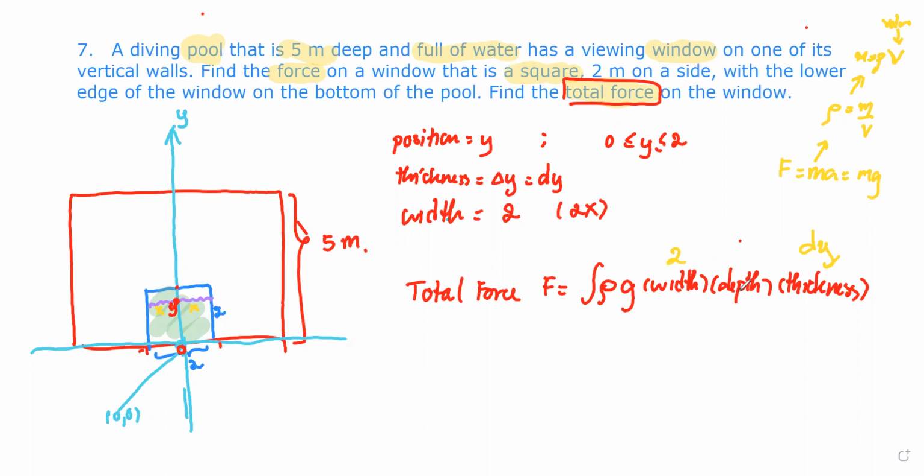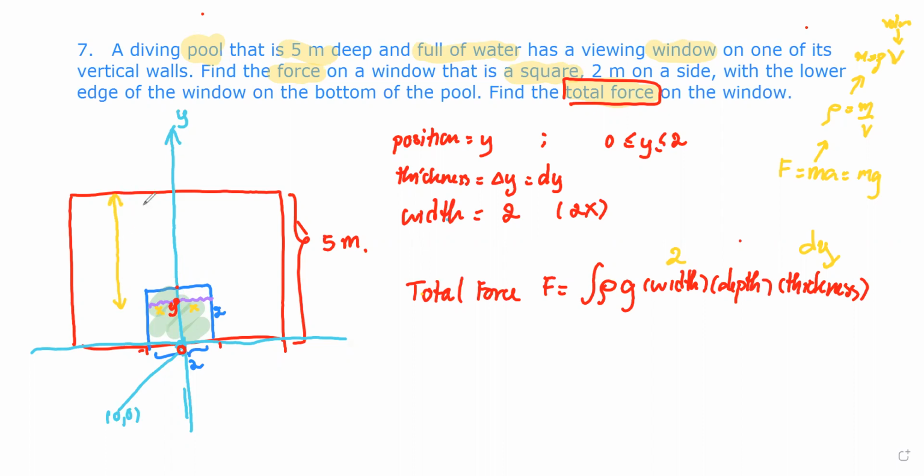About the depth, we have to think about the whole pool. The whole pool is 5 meters deep, and the pressure is on the bottom, which is against the surface of the window. To consider the depth, you have to consider the whole pool based on the layer that you reference. So think about the depth from the top of the pool to that layer.